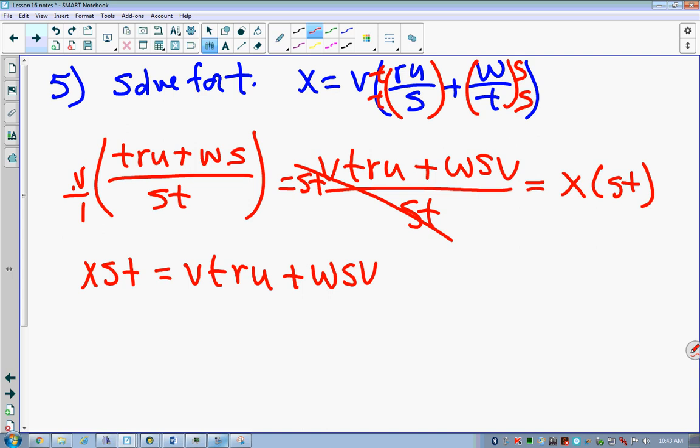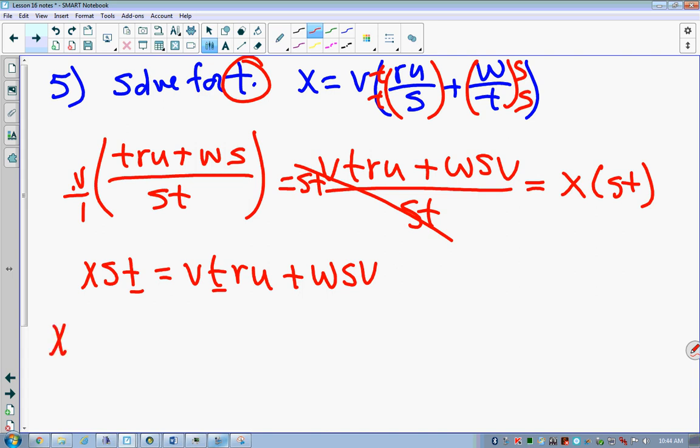Nobody said yes? Okay, at this point, what I want to look at is what was it that I wanted to solve for? I wanted to solve for t. So now what I want to do is get all of my t's together. So I've got a t over here, and I've got a t right here. So I'm going to bring from the right to the left this whole vtru thing with it. Okay?